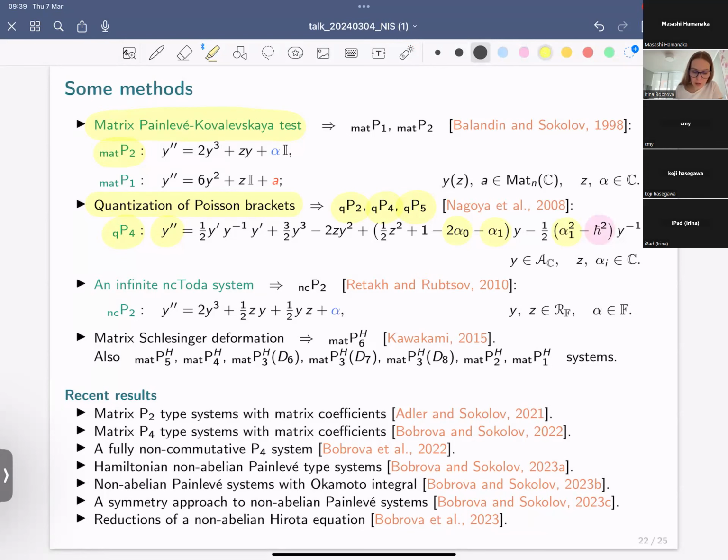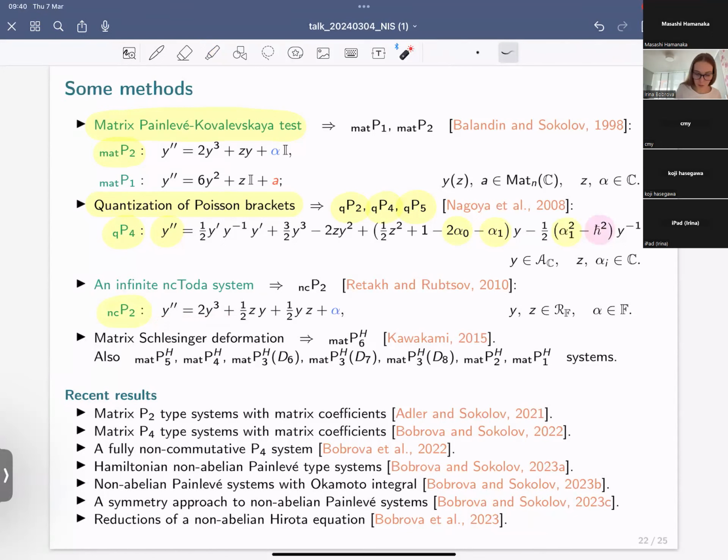Another method is to study a connection between the non-commutative Toda systems and non-commutative Painlevé equations. And by using this method, we can derive non-commutative Painlevé 2 equation. And that's given by this relation.